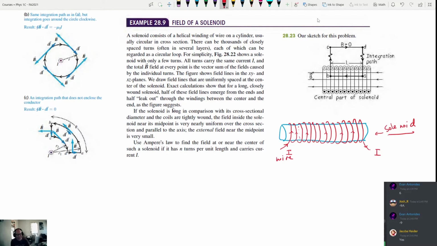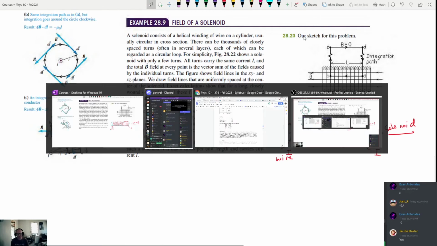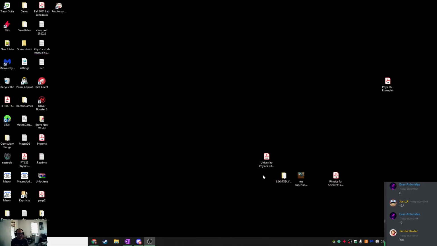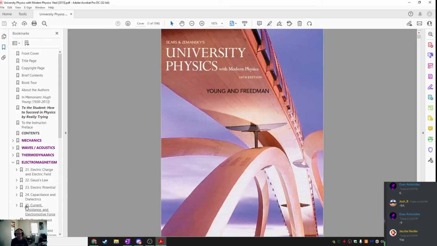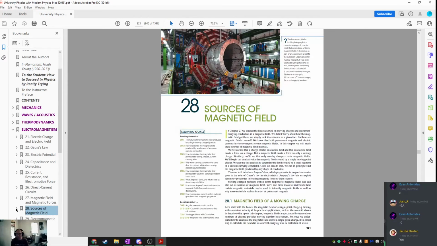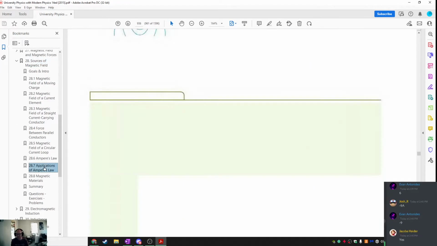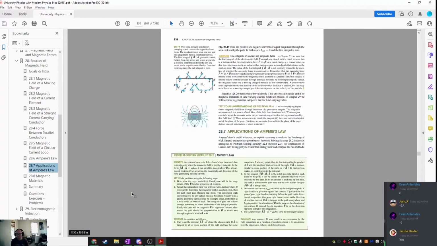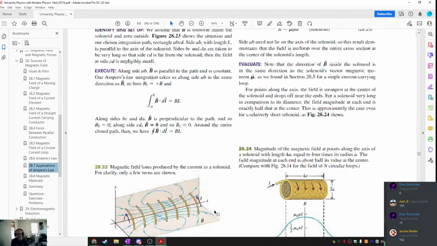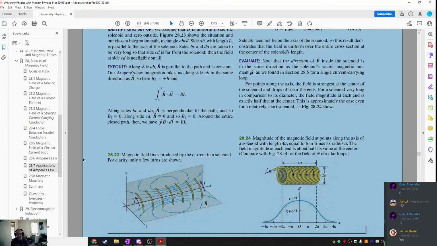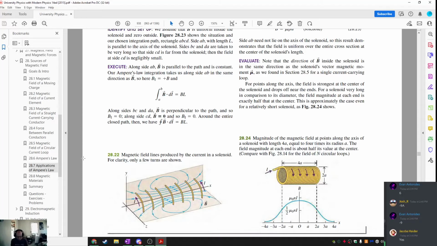You know what? This is stupid. I'm going to get the picture from the book because they're obviously referring to it, and I guess I left it out, and I don't want to confuse you all. So let's pull the picture from the book up. I'll copy and paste it in here. We're on chapter 28, magnetic field, applications of Ampere's law. Here's their picture, with all the artifacts.